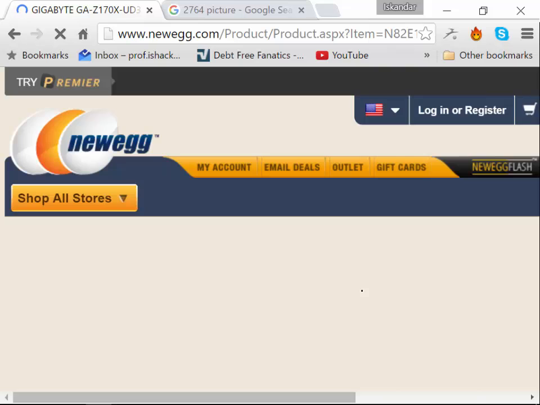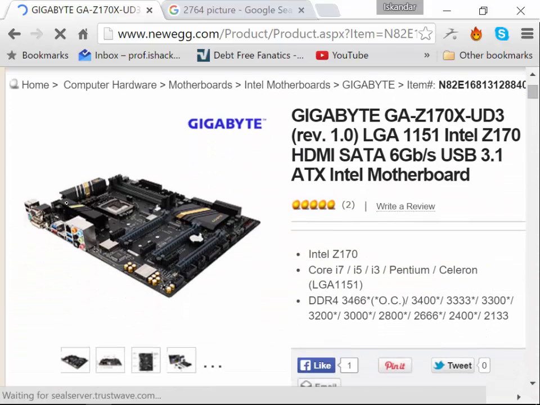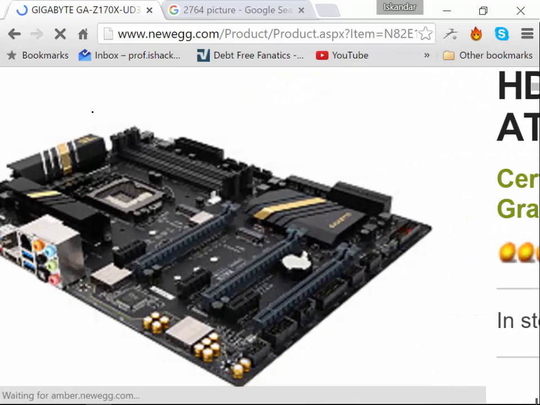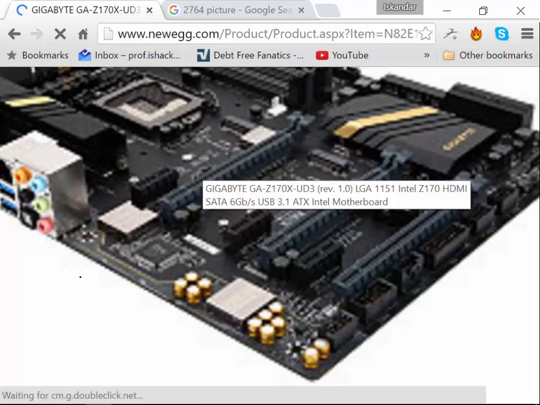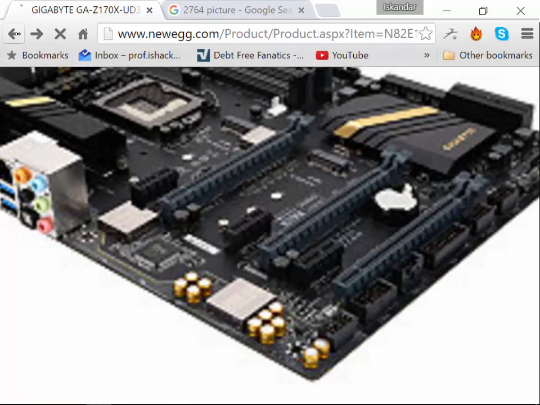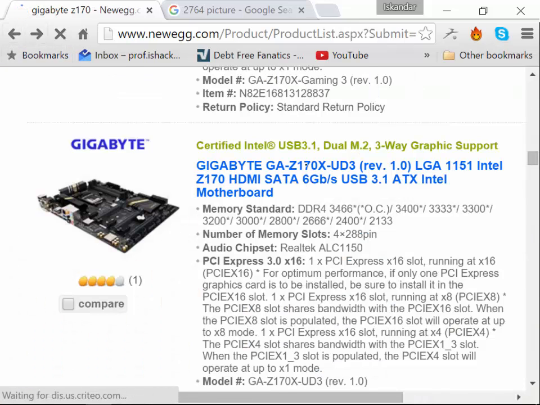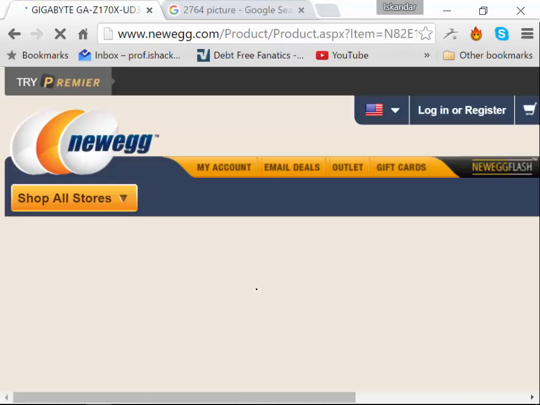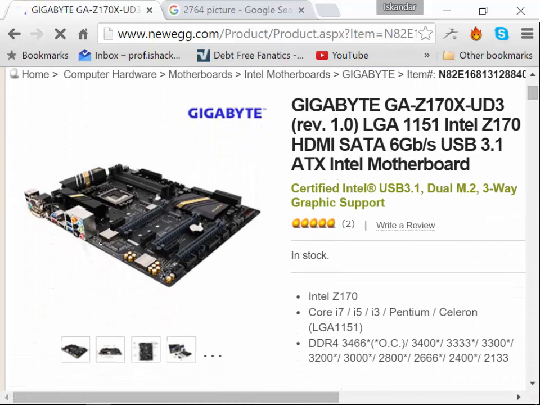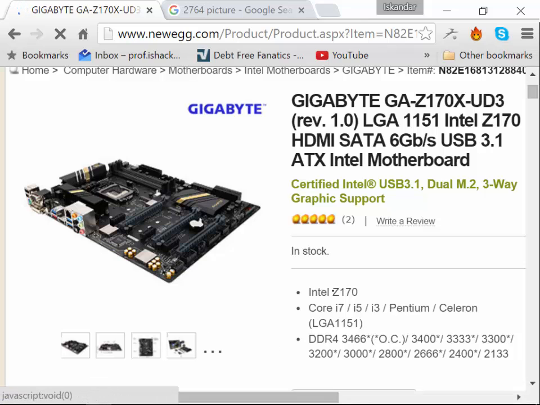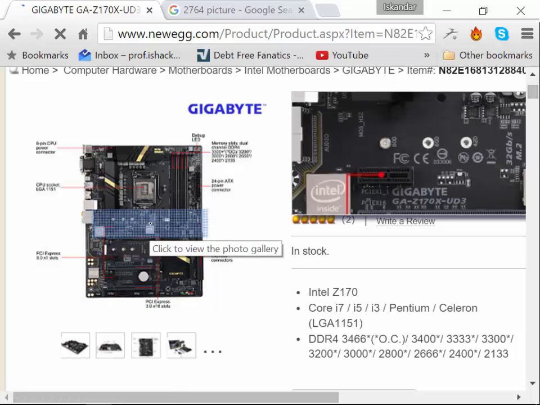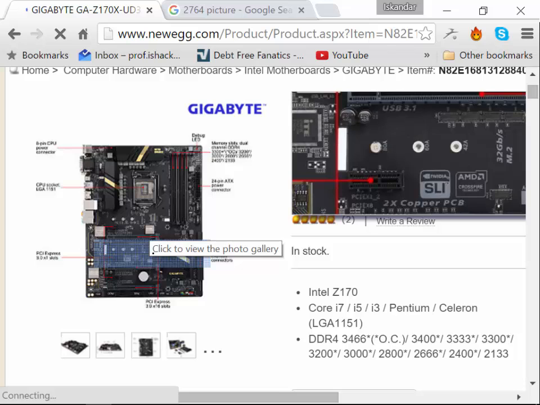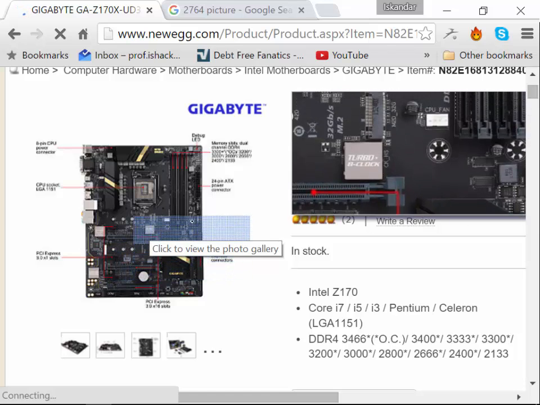Trying to get one where I can see it. My battery's about ready to go dead here. All right, it's a little hard to see. Wait for this picture to clear up a little bit. Hopefully it clears up. If I can find it here. Yeah, right here it is.